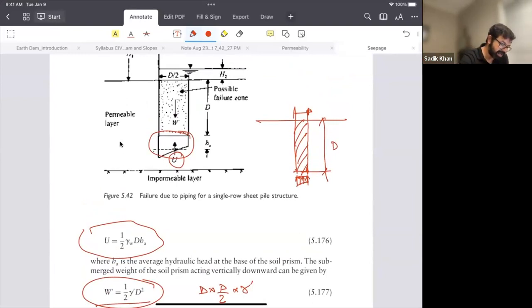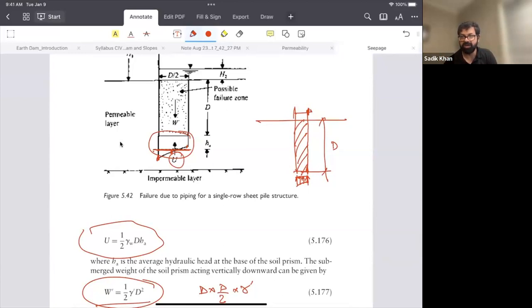We need to calculate like the exit. These are the points coming from our flow net, you know. So from the flow net, we get the water pressure at different points, and then we calculate the average H. You can calculate the pressure based on a weighted method, or you can just average it. That's fine.